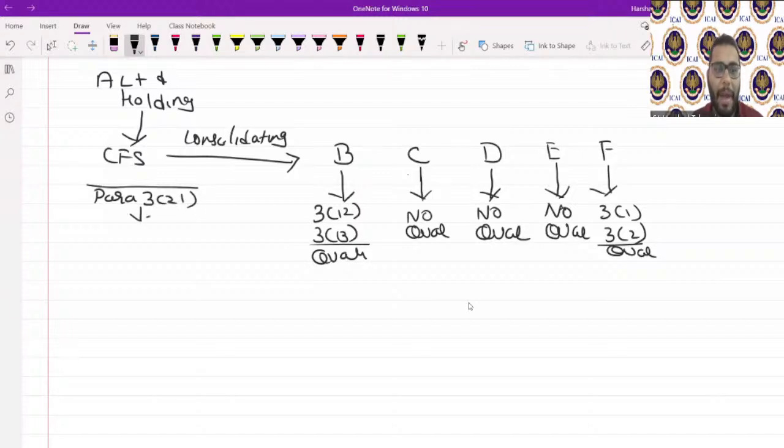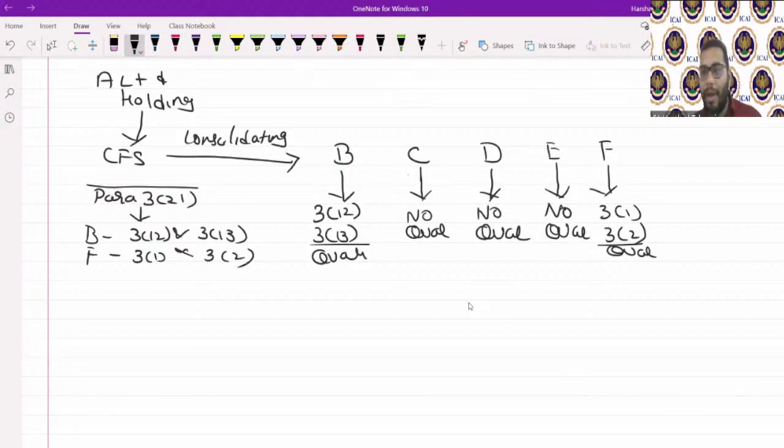Under that we will mention that in company B, 3.1.2 and 3.1.3 were adverse or qualification. Under company F, 3.1 and 3.2 were qualification, adverse or comments. Simple. Like this way we will be reporting under the consolidated financial statement.